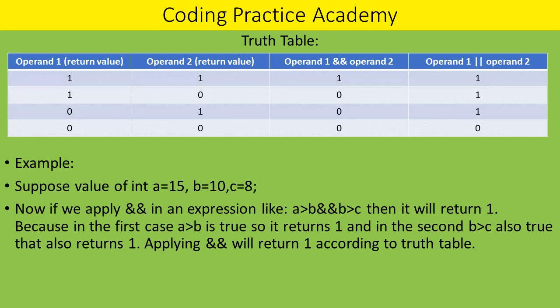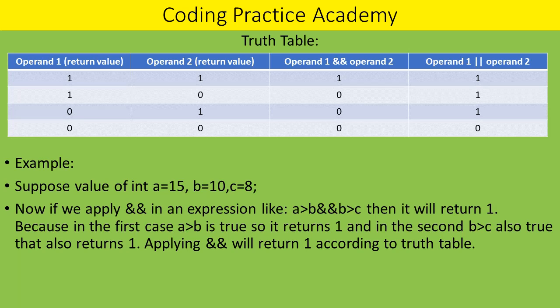If we construct a truth table based on the logical operator, first of all we need two operands, that is operand 1 and operand 2. Here 1, 1, 0, 0, 1, 0, 1, 1, the values of these operands are the returned value of that particular operand or the expression.